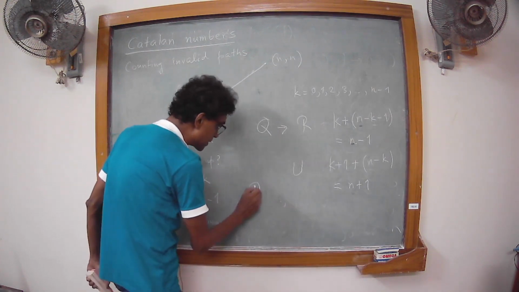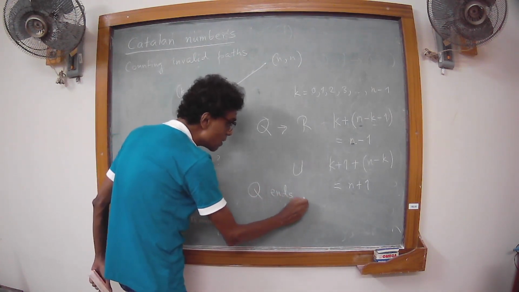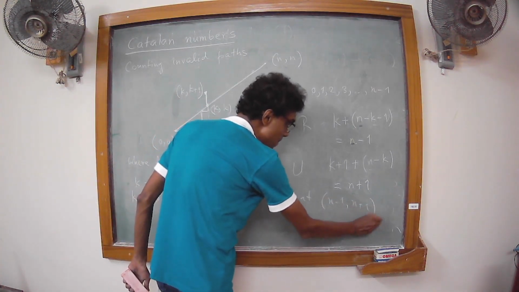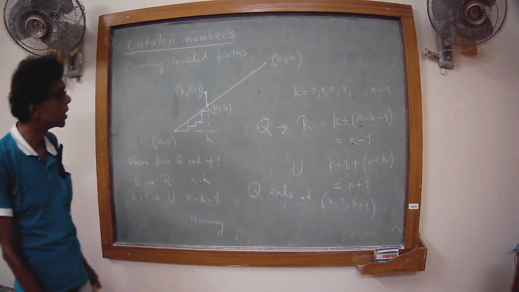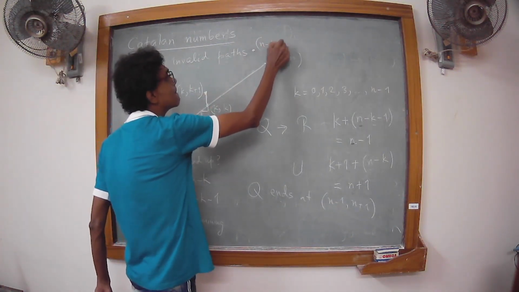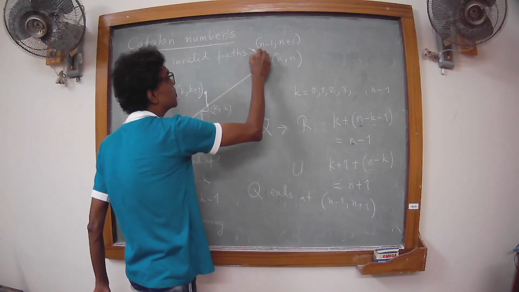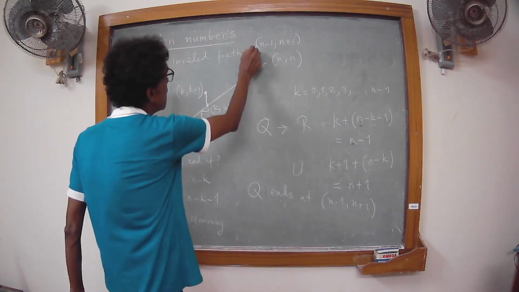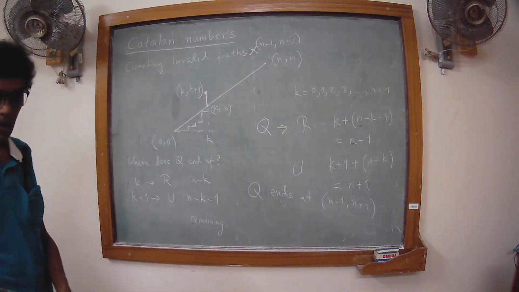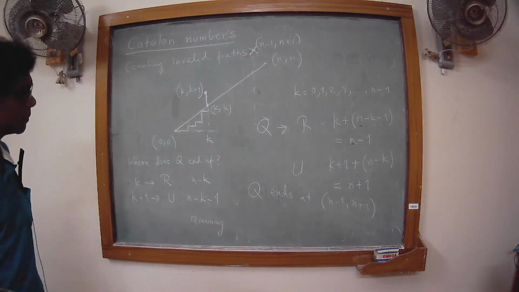So Q ends at n minus 1, comma, n plus 1. Somewhere here. This point.